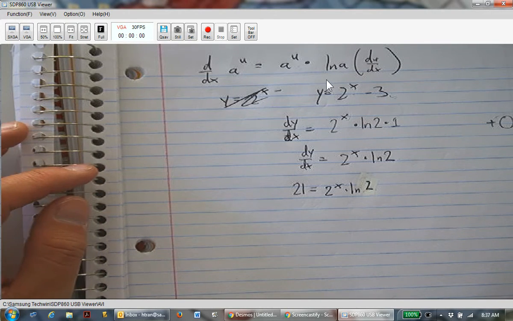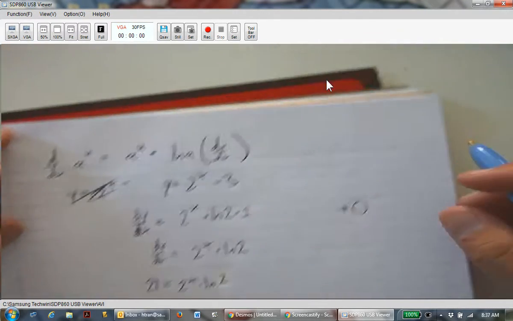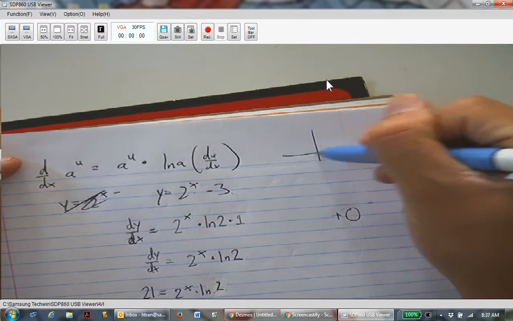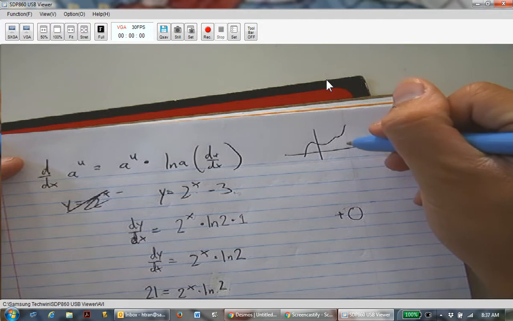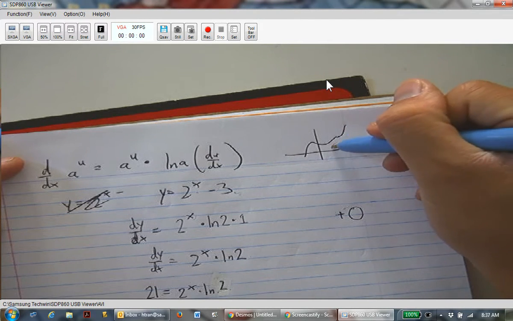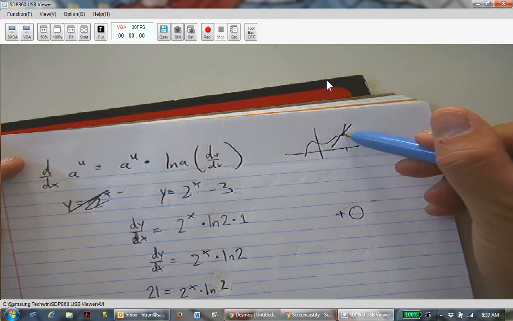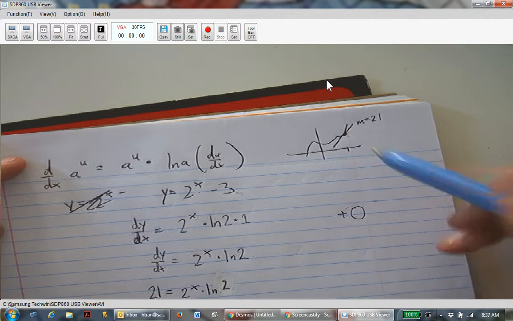Wait, was the slope of 21 like the original? So this is what you're thinking right now. When you're saying reciprocal, what this means is this. I have a function, right? Squigglies, right there. And I say at some point the derivative, the tangent line, okay, the slope is going to be equal to 21. I'm just trying to find that point.